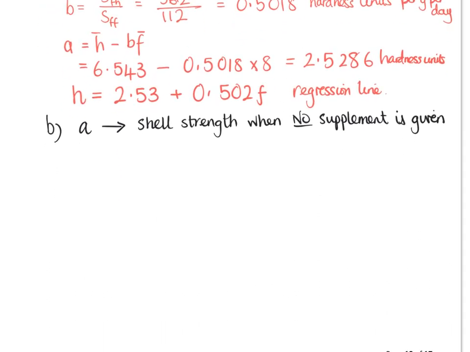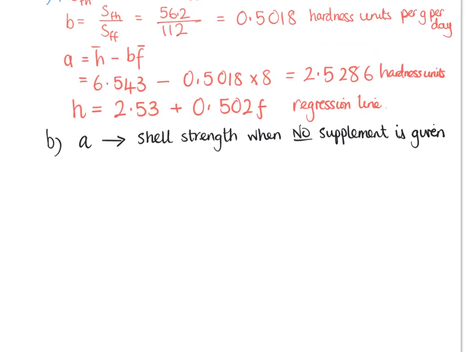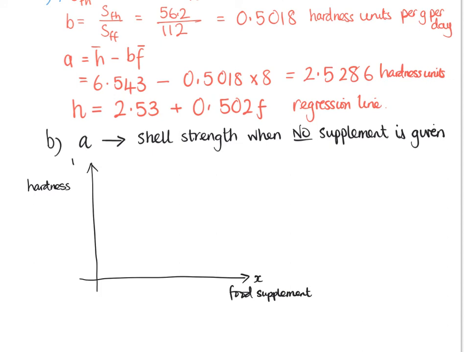So looking at the regression line, looking at the graph, if we draw it, the y-axis is the hardness and the x-axis is the food supplement. So again, on your x-axis is your independent variable, and on your y-axis is your dependent variable. So it's going to cut at that point there, at 2.53, and that's when the supplement is actually equal to 0. So as the food supplement increases, the hardness actually increases as well.